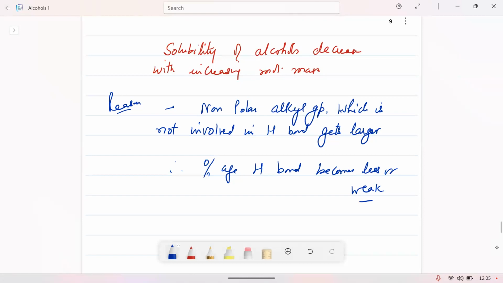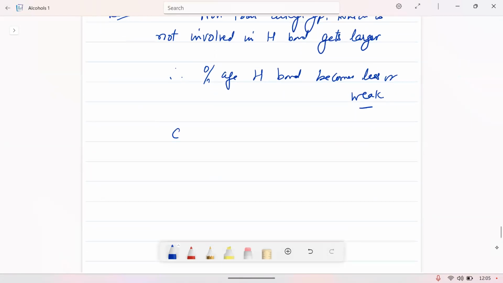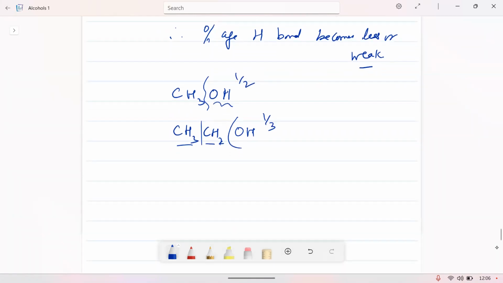What does that mean? If you look over here, in CH3OH approximately 50% of the molecule is involved in the hydrogen bond. But when you go to ethanol, it is only 1/3, because this is one alkyl group, this is another alkyl group. So only 1/3 of the molecule is involved in the hydrogen bond, so definitely it will be weaker. This is a non-polar part and it is not involved in the hydrogen bond.